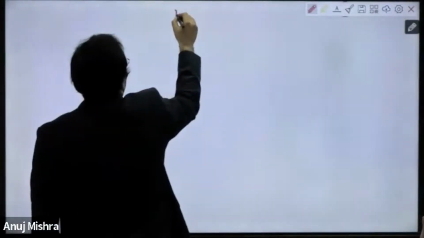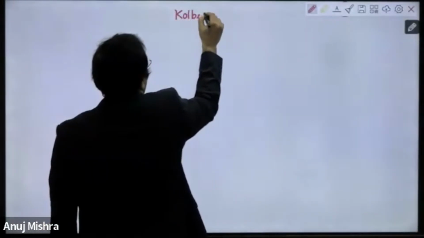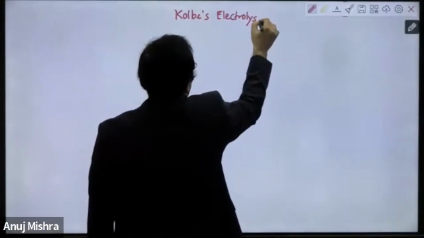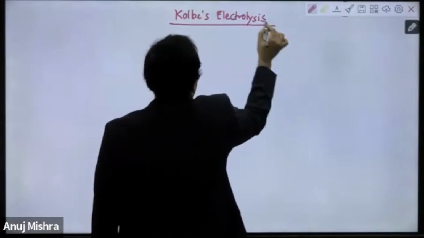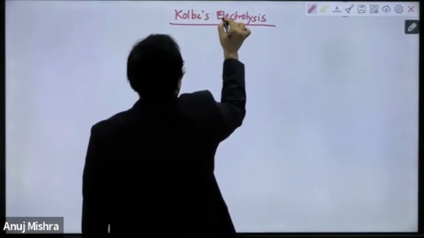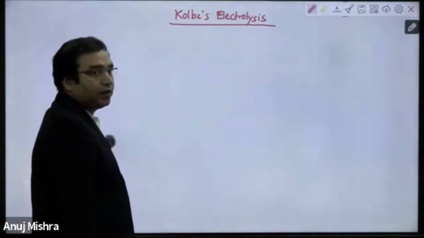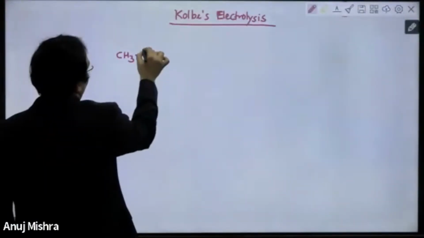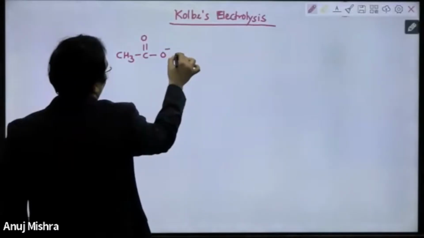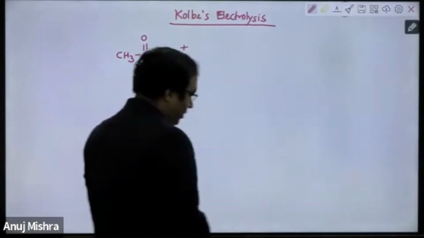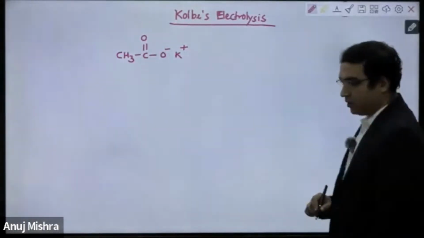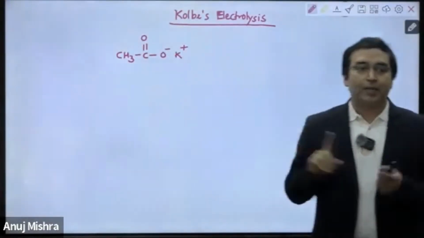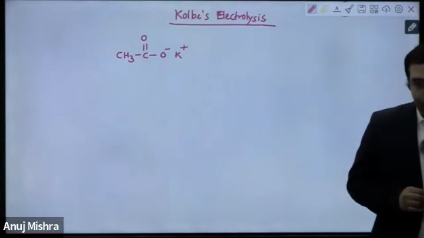Let's write the heading once again: Kolbe's electrolysis. Okay. Now I'll take some compounds. Please try to understand. You just keep writing. CH3COO minus K plus. And for this particular reaction, I'll complete it for alkene and alkyne also now.